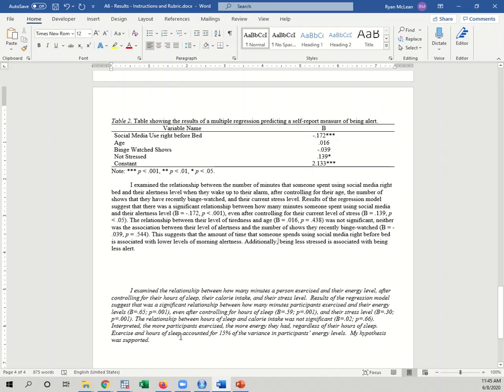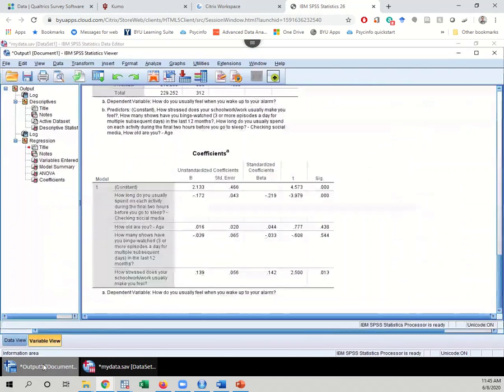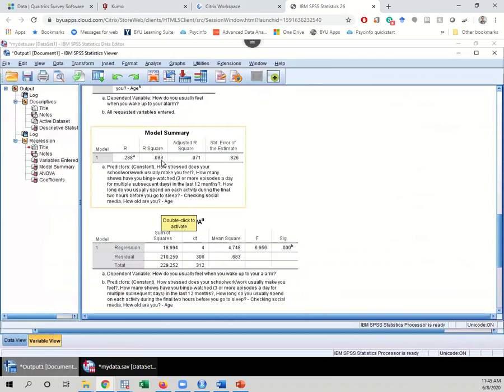And then he also has this. Exercise and hours of sleep accounted for 15% of the variance. That's an R squared value. So if we come back to the output tab here, your R squared value is right here on the model summary, 0.083.